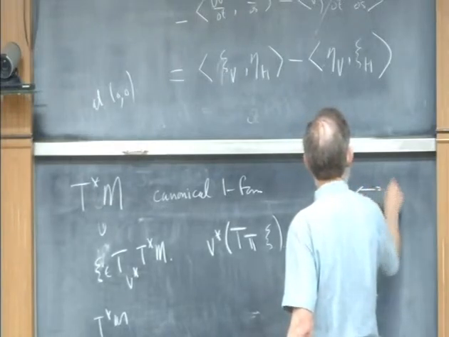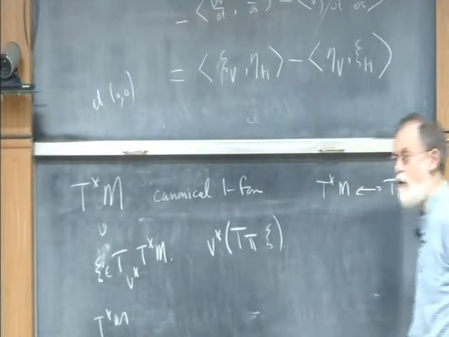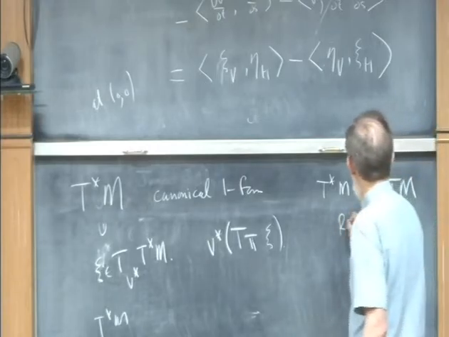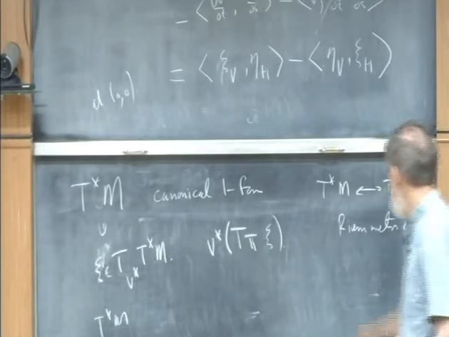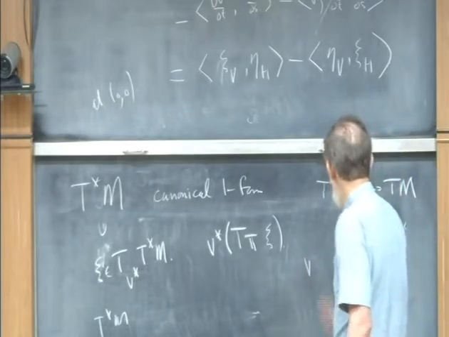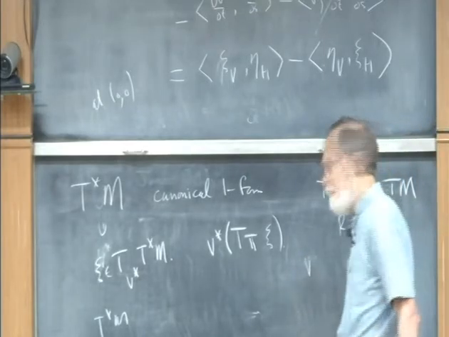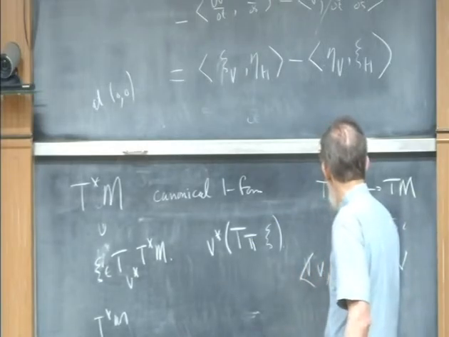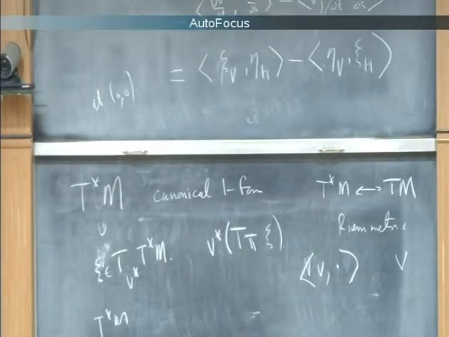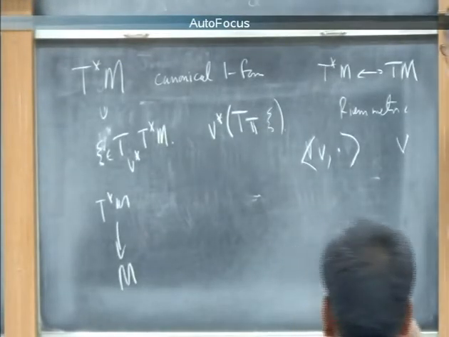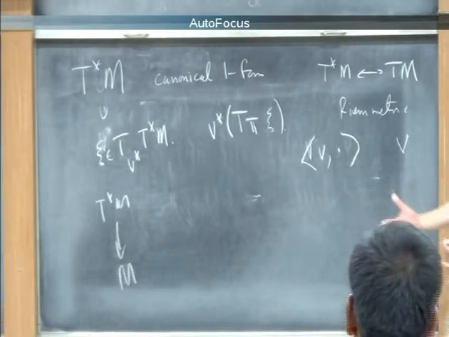there's a correspondence between the tangent and cotangent bundles given by the Riemannian metric. And the correspondence is, if I have a vector V, what is the corresponding covector when you take the inner product with V? This is the relationship between the gradient of a function.